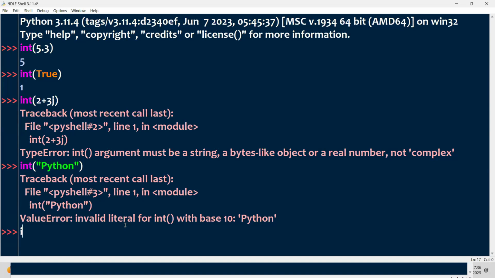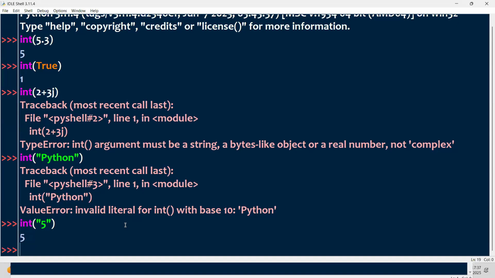Now see, let's take it like this. Will it convert? This is actually a string of an integer. So will it convert? Yes, this is possible. A string of an integer you can convert.